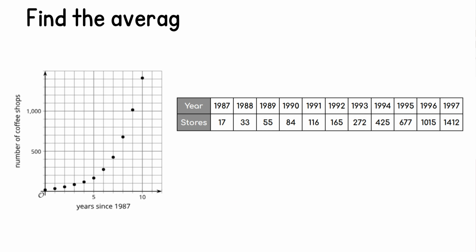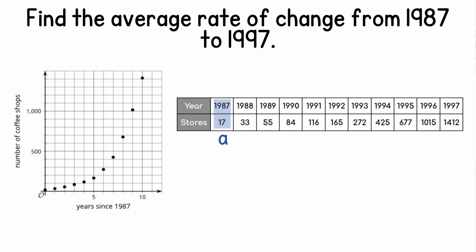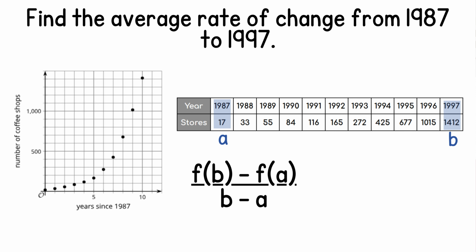Now let's find the average rate of change for the entire table, so from the year 1987 to 1997. Point A will still be the year 1987, but point B will be the end at 1997. So if we take our expression, we'll replace the output of B with 1412, and the output of A is 17. Now let's look at the inputs.